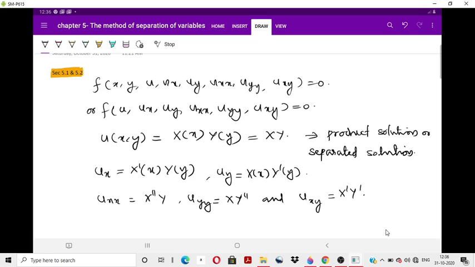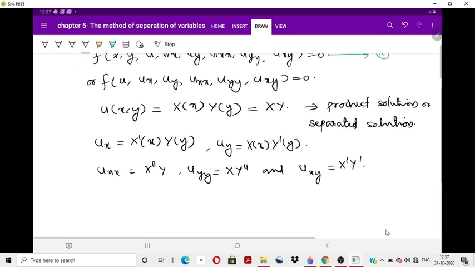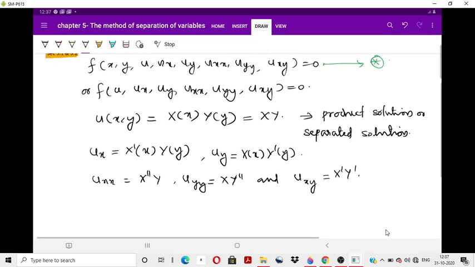Once we replace the function u and its first order and second order partial derivatives in the given equation, we can transform the equation star and separate the functions of x and y.